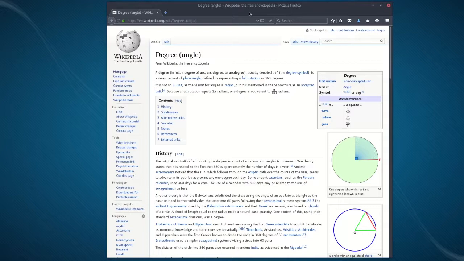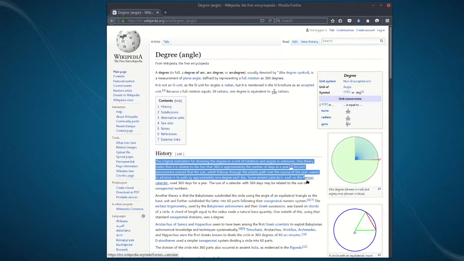So let's see what the Ministry of Truth website has to say about why a circle has 360 degrees. Let's highlight this here so you can know what I'm talking about. The original motivation for choosing the degree as a unit of rotations and angles is unknown. One theory states that it is related to the fact that 360 is approximate number of days in a year.